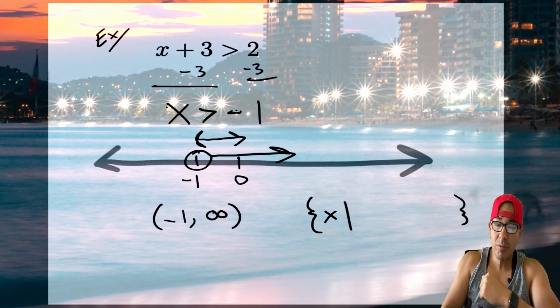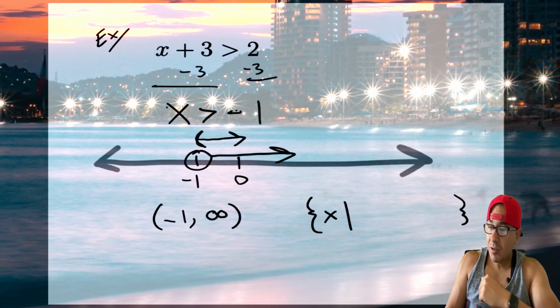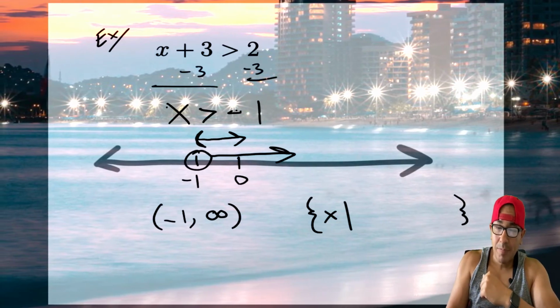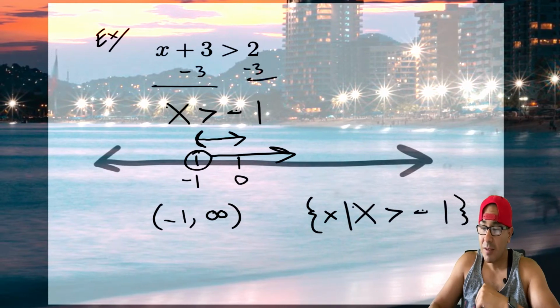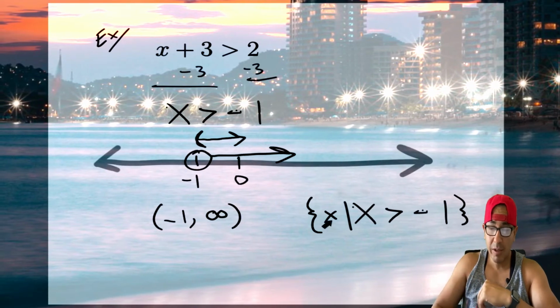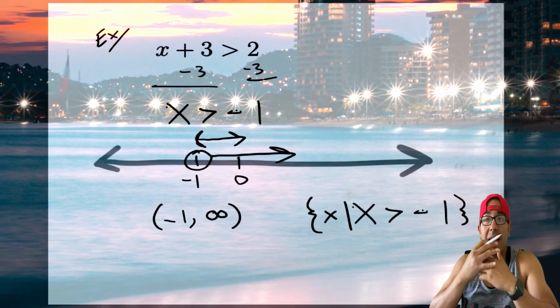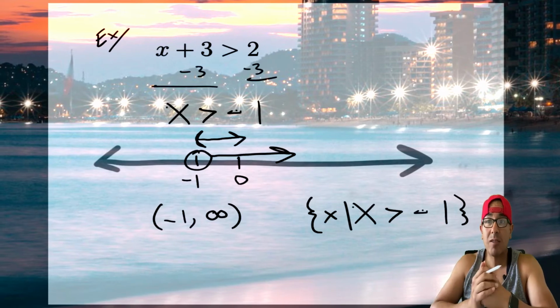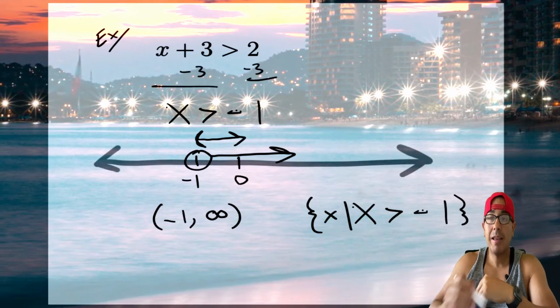Then we grab our solution and stick it right there. All that means is, what's the variable we're working with? It's x, the variable we're solving for. And how can we represent x? Well, x is represented by all the numbers that are greater than -1.